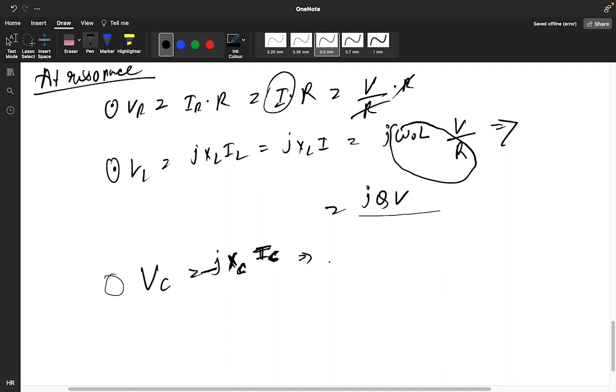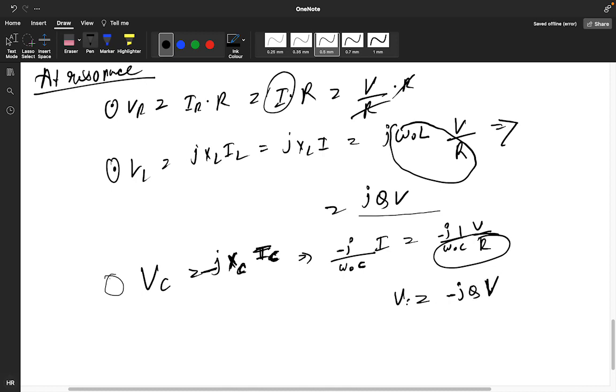So these things can be written as minus j omega naught C. The IC value is your I only, minus j omega naught C, and I we can write like this, V by R, and this was 1 upon, this particular was your quality factor. So we can write the VC value as minus jQV.